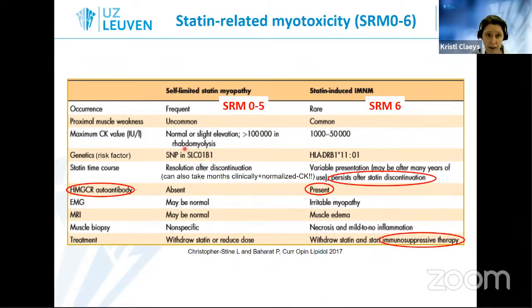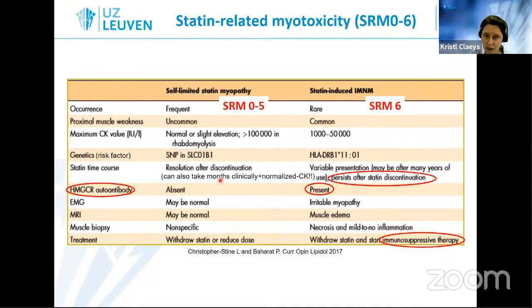In the self-limiting statin myopathy, a single nucleotide polymorphism, or SNP, has been identified as a risk factor in this gene. And we know that patients that carry this HLA allele have a higher risk to develop statin-induced IMNM.